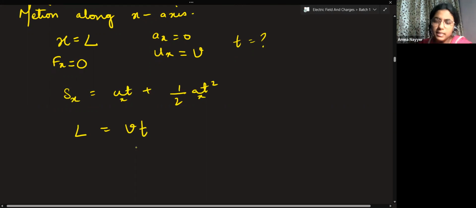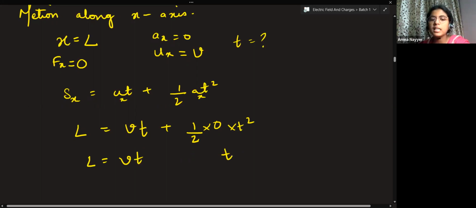Let us take this as t plus half. Acceleration is 0 multiplied by t square. So L is equal to small v multiplied by t. So from here you can say time period is equal to length of plate divided by velocity.